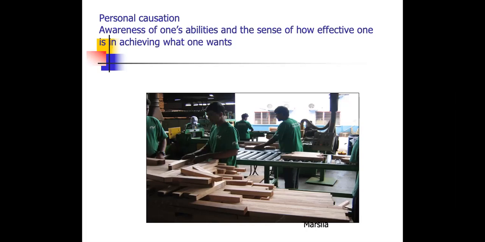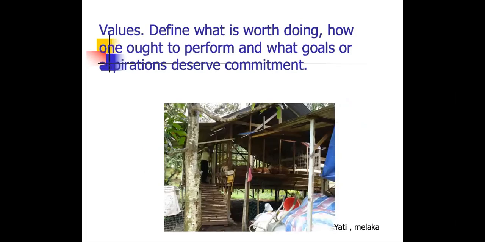Why you want to study OT? Maybe you ada personal causation untuk study OT. Untuk bekerja, kan? Minat. Kadang-kadang ada yang belajar OT ni semata-mata kerana dia nak bantu adik dia yang kurang upaya. Nak bantu keluarga dia yang ada disability. This is a personal causation. You must have values.